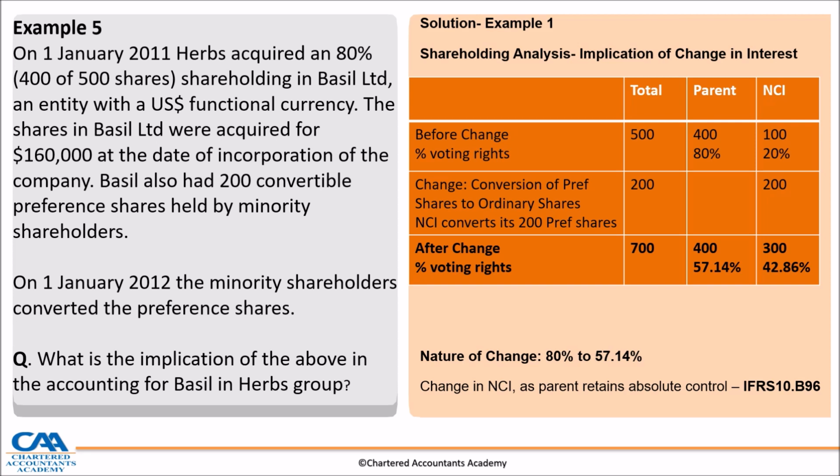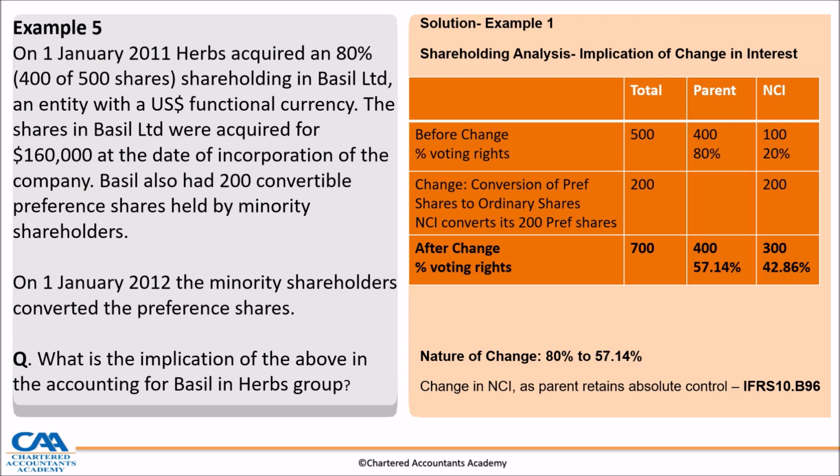However, NCI adds 200 and the parent does not add anything. After reconsidering our percentage interest of voting rights, 400 over 700 gives us 57.14%, whereas NCI is now 42.86% from 20%.